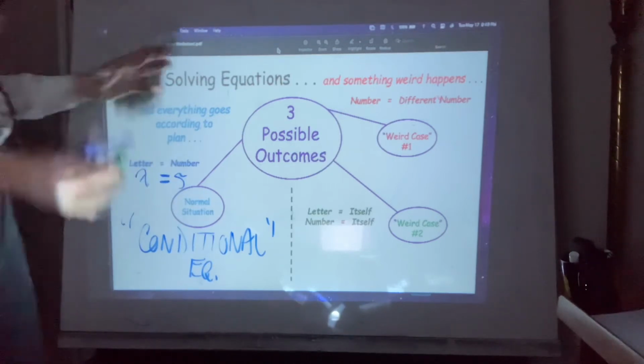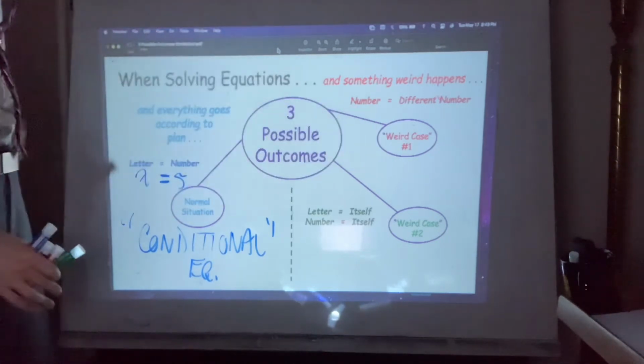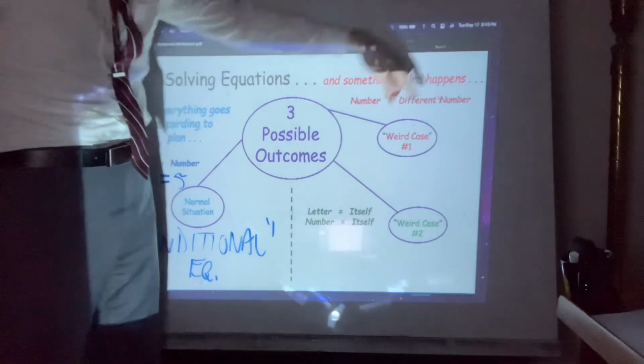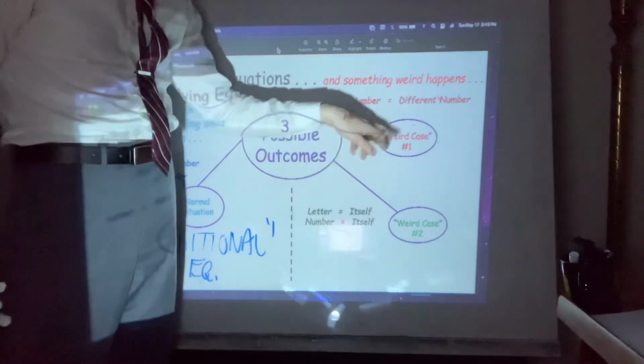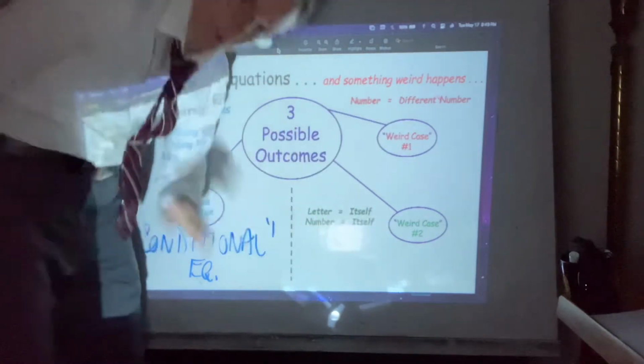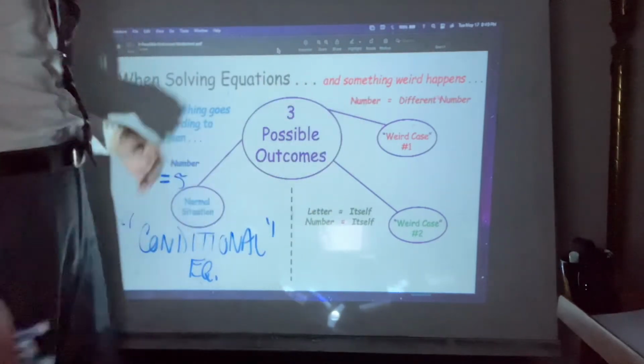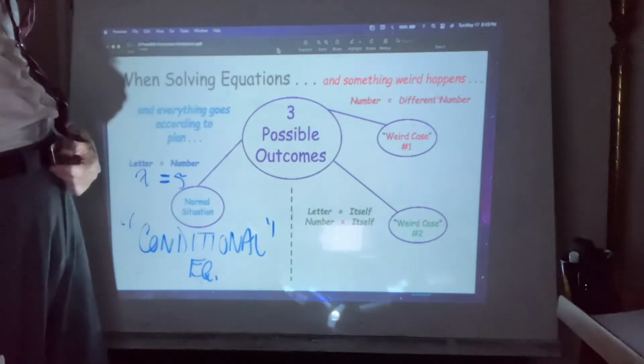Then there's these other 2 scenarios, all right? When you're solving equations and something weird happens, so for lack of a better phrase, I put weird case number 1 and weird case number 2. There are names for those which I want to give you. That's why I left it blank, because I want you to write it. But to generalize, here's how that would look.